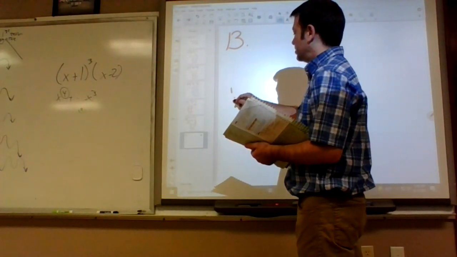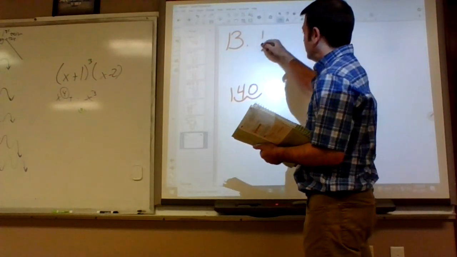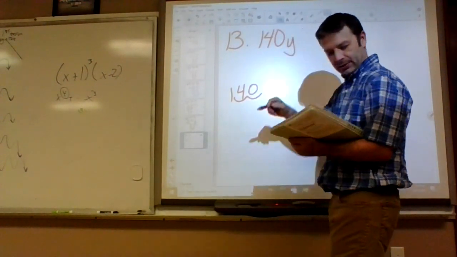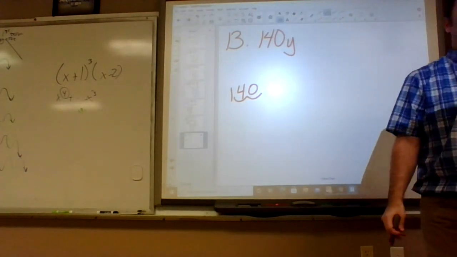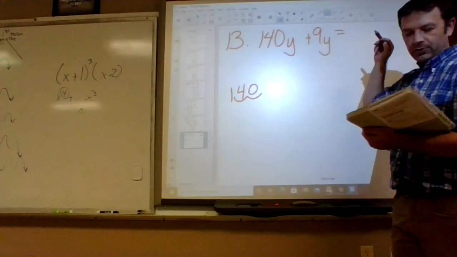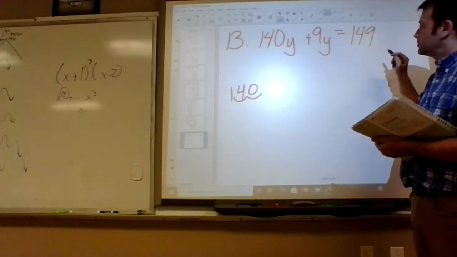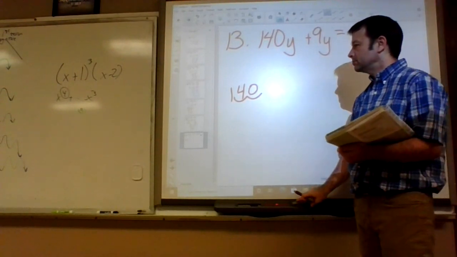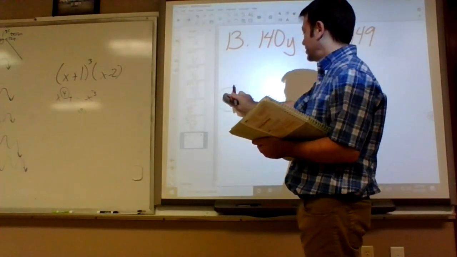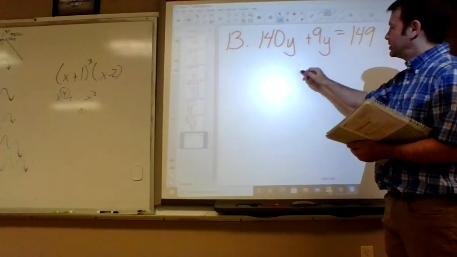So 1.4 becomes 140y, plus 9y equals 149. It looks a little less scary than the original. 140y plus 9y is 149.